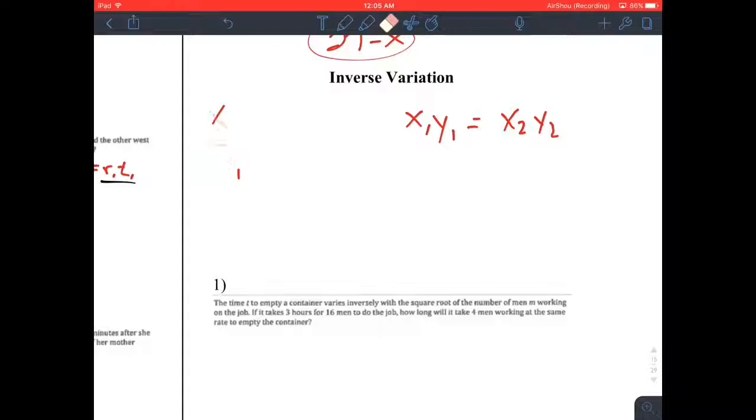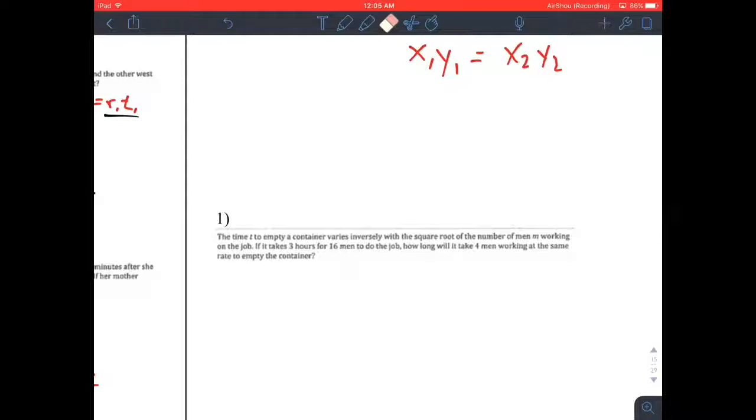So direct variation, you divide things that are related to each other. In inverse variation, you multiply them together. Let's see how this works.